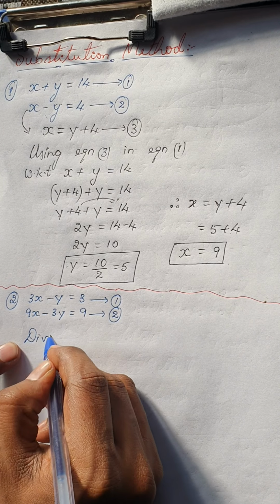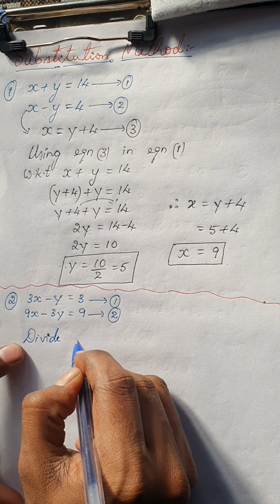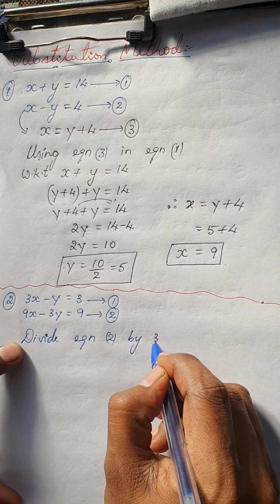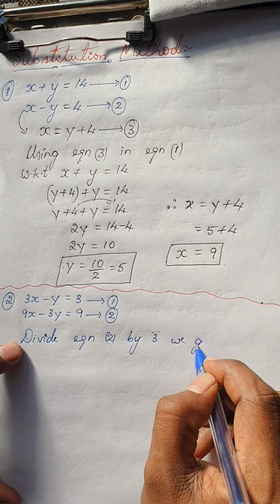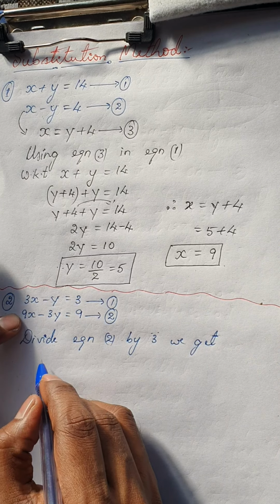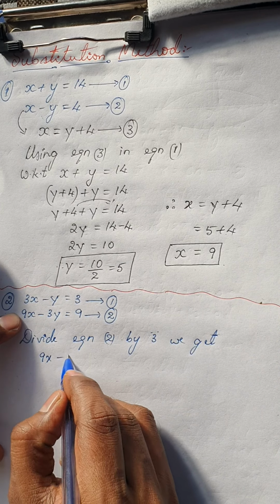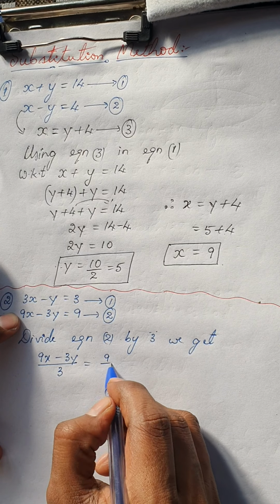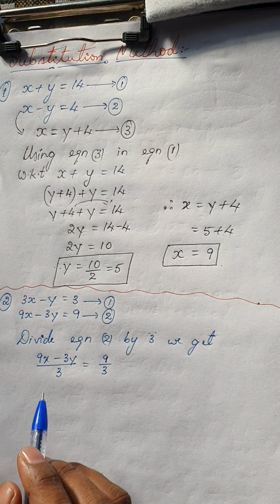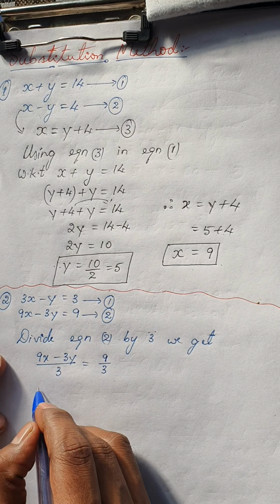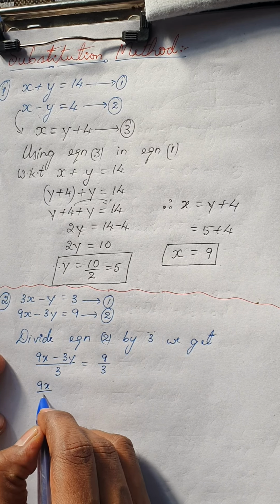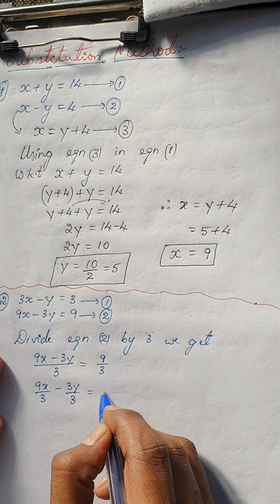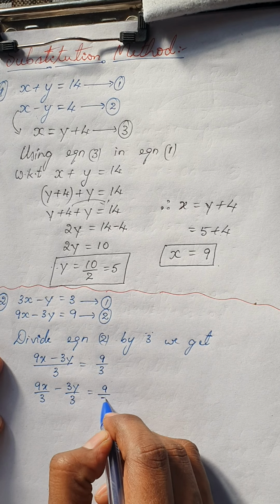Divide equation 2 by 3. See what we get: 9x minus 3y, whole divided by 3, is nothing but 9 divided by 3. If I split it up, it is 9x by 3 minus 3y by 3 is equal to 9 by 3.